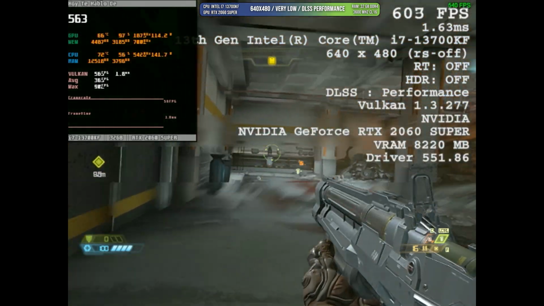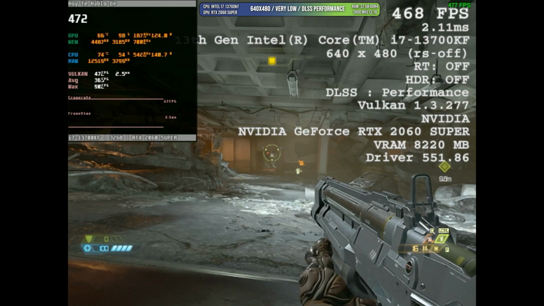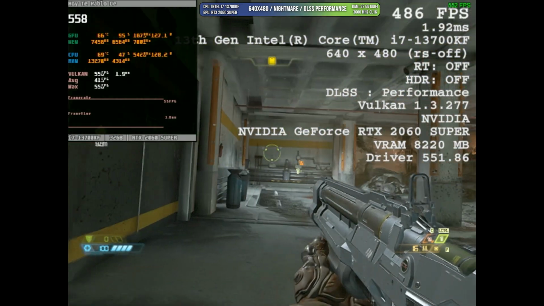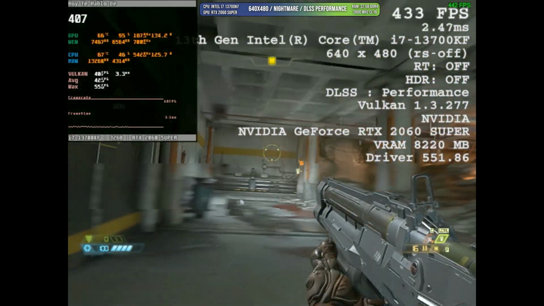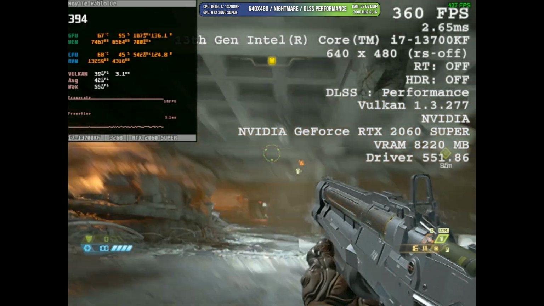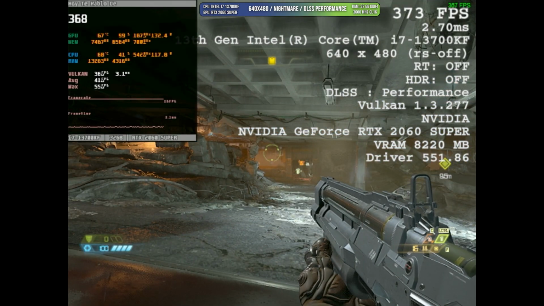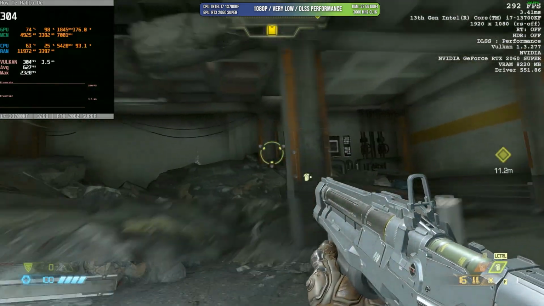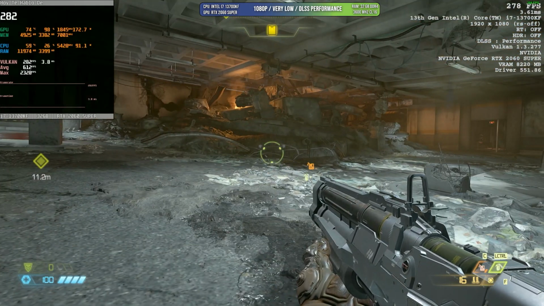And I see that using 640 by 480 at low, I can get above 500 FPS, and around 400, even 500 sometimes, while using the Nightmare preset and DLSS Performance. This is to give the CPU the best chance. However, we can see that the GPU was a limiting factor even then. Still, we know it's at least 500 FPS, right?